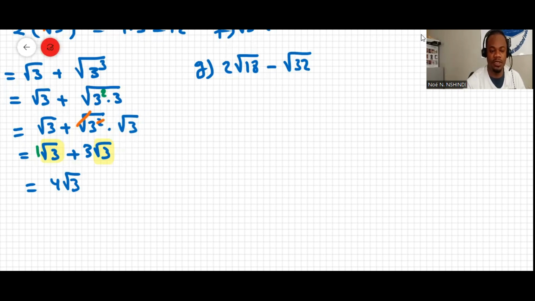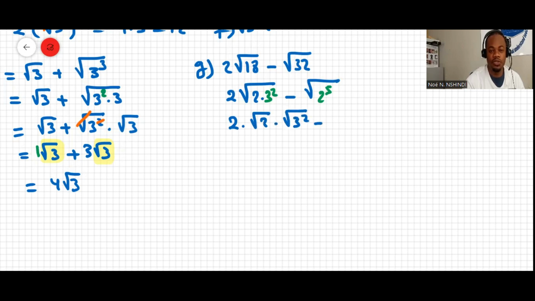So this will be 2 root 18, in terms of prime factors, like 2 times 3 squared, minus square root of 32 in terms of its prime factors. This is just 2 to the power 5. Now over here we can split this into square root of 2 times square root of 3 squared minus square root of 2 to the power 5.